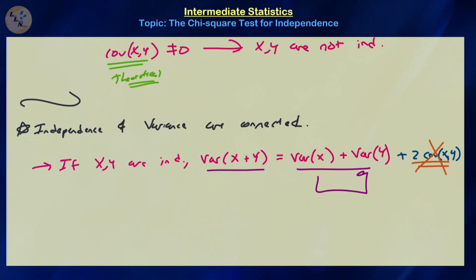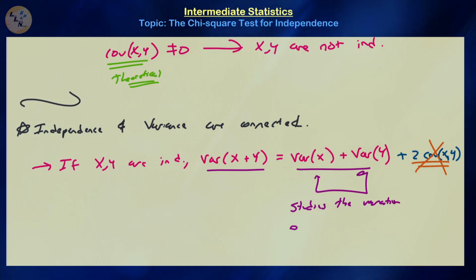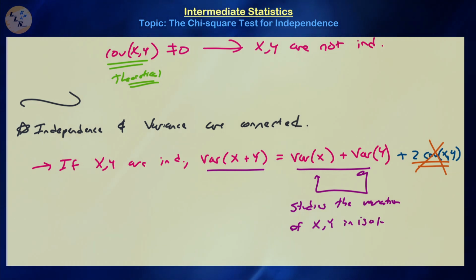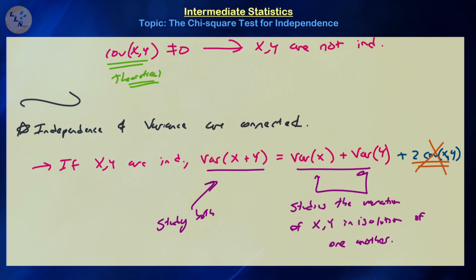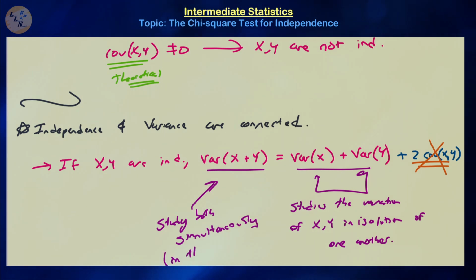So the left studies the variation of x and y in isolation of one another, so you can study x and you can study y independently, or you can study both simultaneously, potentially in the same exact environment.